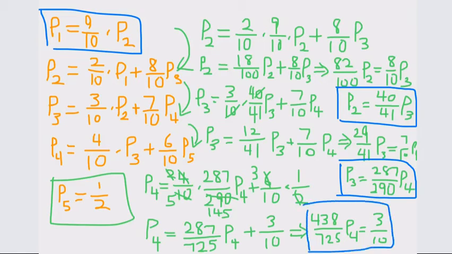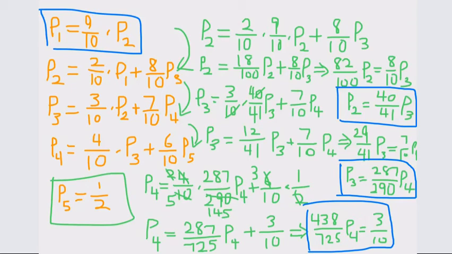Now we can multiply all the expressions in the blue boxes together, and p2, p3, and p4 will all cancel out, so that we'll be left with a numerical value for p1, and thus we'll be able to solve.